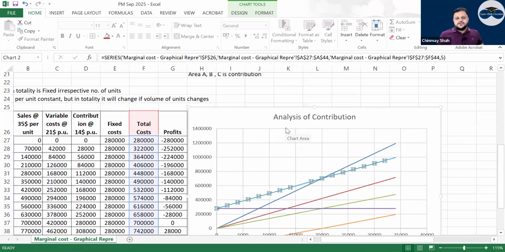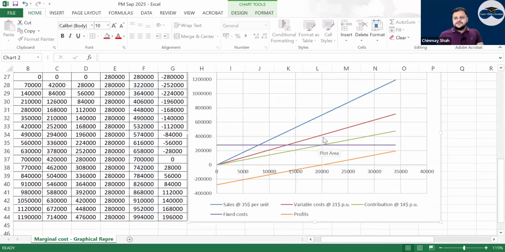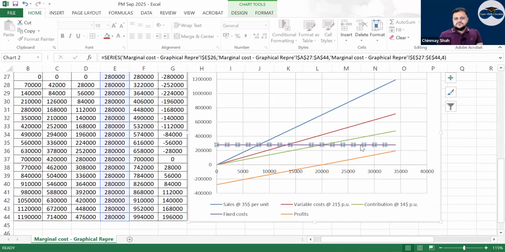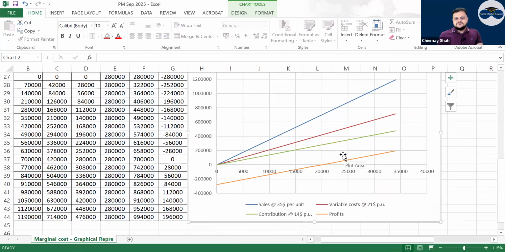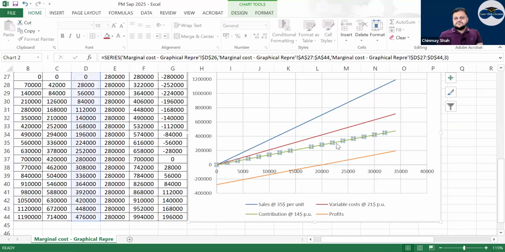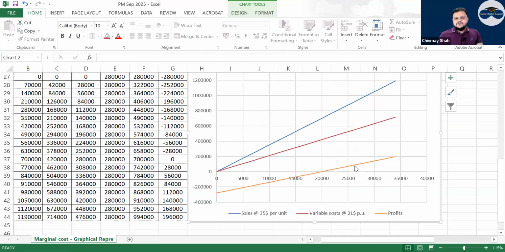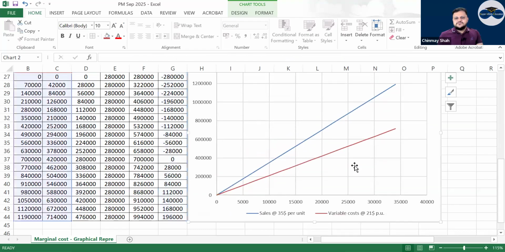Remove the total cost line. Not required. Delete. Select the line. Delete. Fixed cost as of now, not required. Delete. Contribution as of now I don't require. I want to analyze contribution only. So delete. Then orange profits, delete.